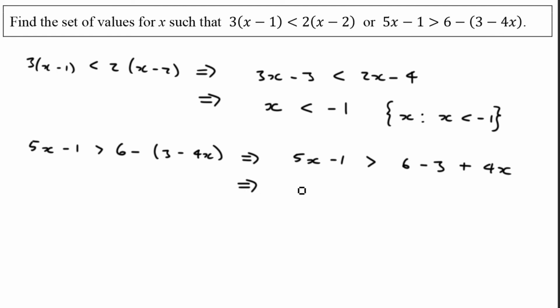In other words, we will have 5x subtract 1 is greater than 3 plus 4x. Now if we subtract 4x from both sides and add 1 to both sides, we'll have that x is greater than 4, or in set notation, values of x such that x is greater than 4.